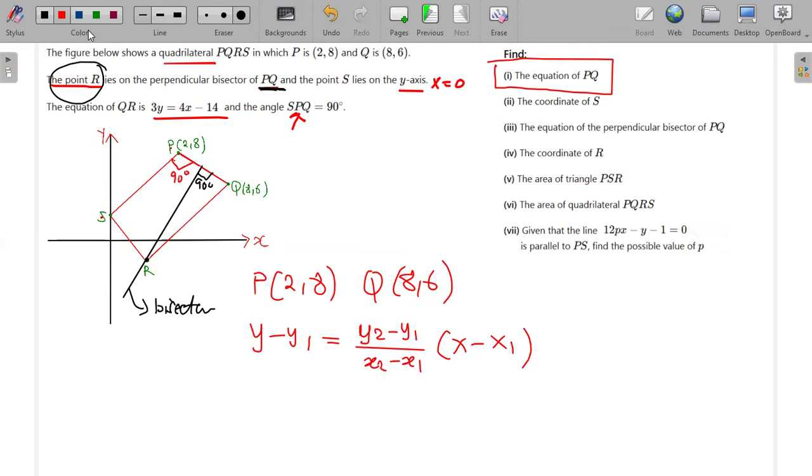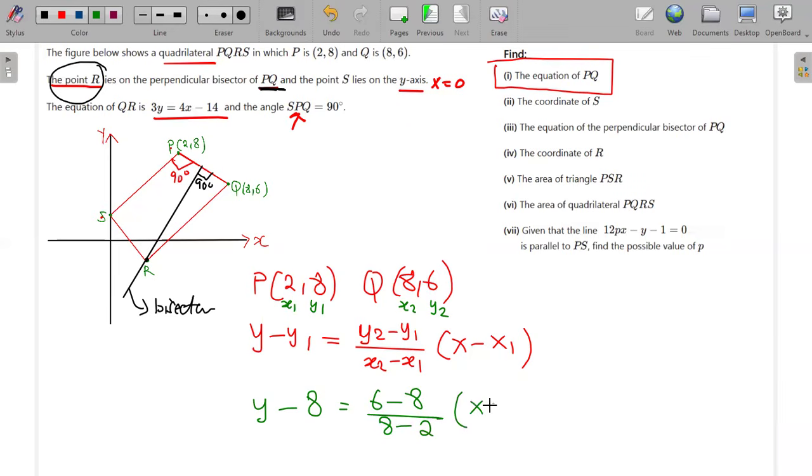Let's take this one as x1, y1 and this as x2, y2. So my equation of the line will be y minus 8, because this is my y1, equals y2, which is 6, minus y1, which is 8, divided by x2, which is 8, minus x1, which is 2.